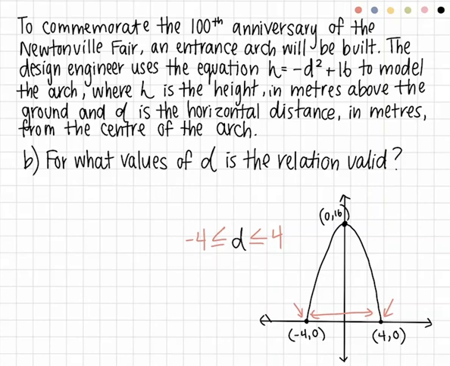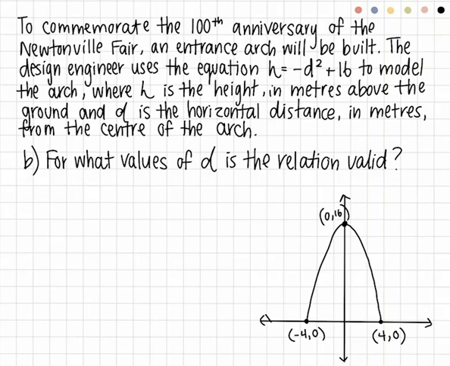Now, if I asked you how wide is the arch at its base, how could you figure that out? Well, this situation, they use nice small and friendly numbers for us, right?